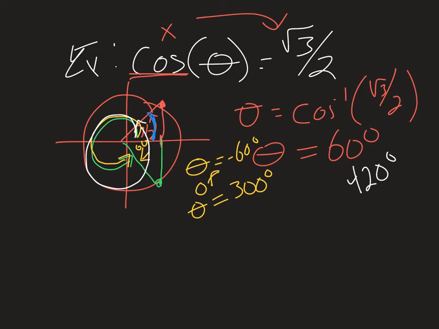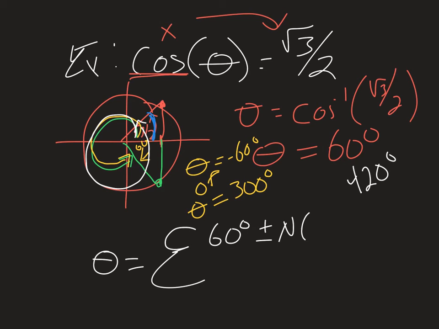So what we're really defining here when we're solving for theta is a solution set. So if we're looking at cosine of theta equaling square root of 3 over 2, we could say theta is equal to a few possible things. The first being the 60 degree possibility that we talked about first, plus or minus any multiple of 360 degrees. If I was to go all the way around the circle, however many times after 60 degrees, well, I'm still stuck at that spot.